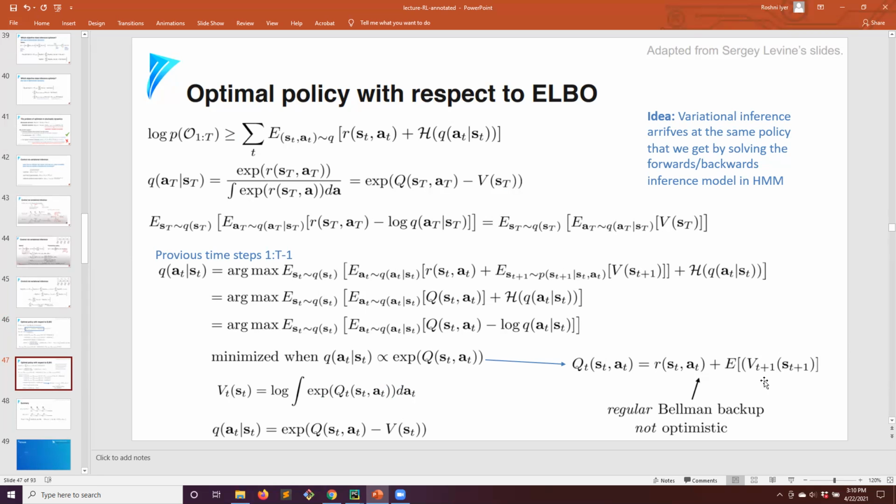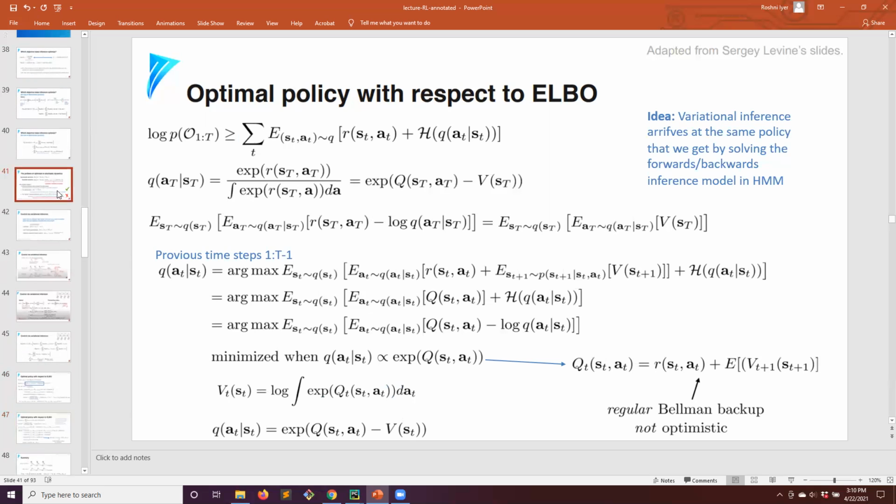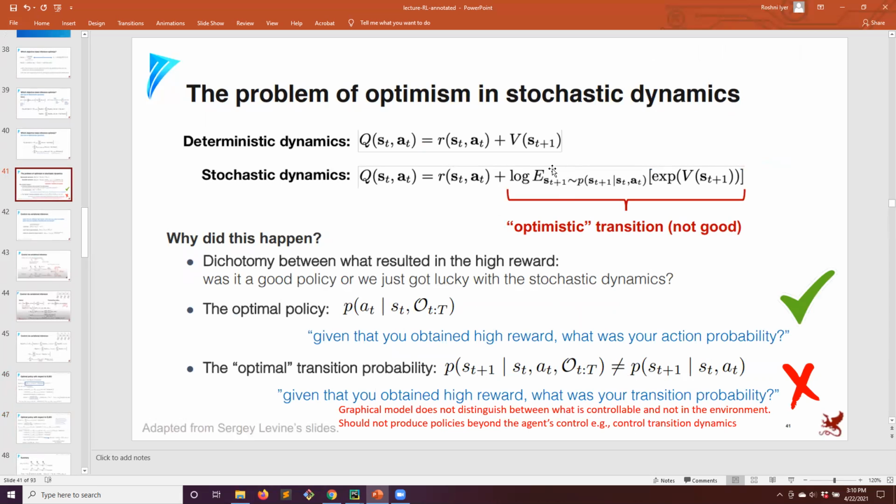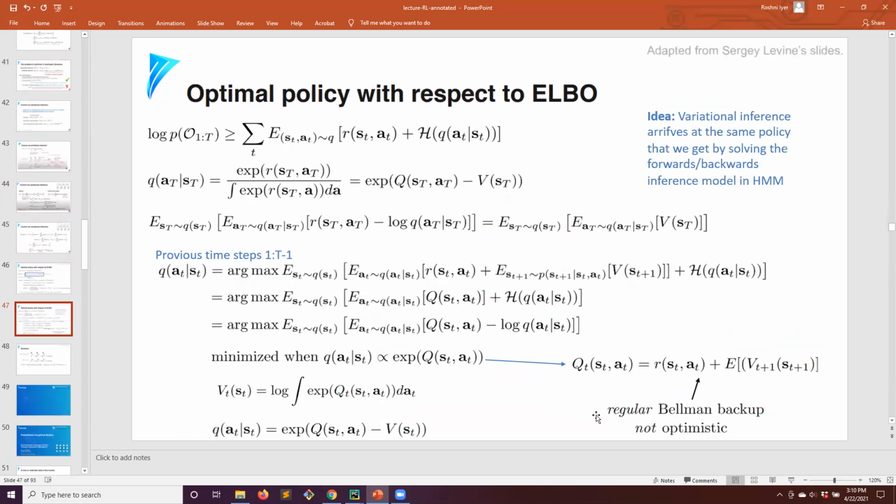And what we note here is this part is not as optimistic. So when I go back to this one here, we see that first of all, there's this exponential, which is distorting how good the rewards are. So rewards that are already very high, when you take the exponential of that, it becomes even bigger. So there's that, and we applied this term here, this logarithm here. So this part is a little bit different from this.